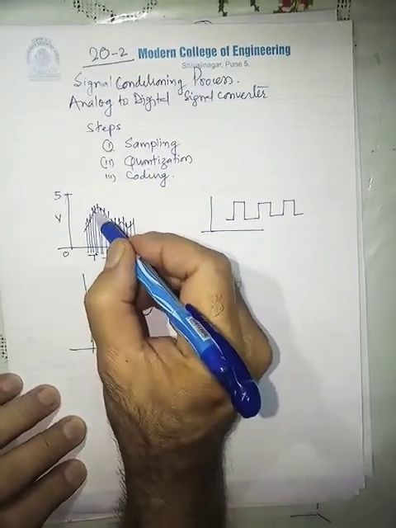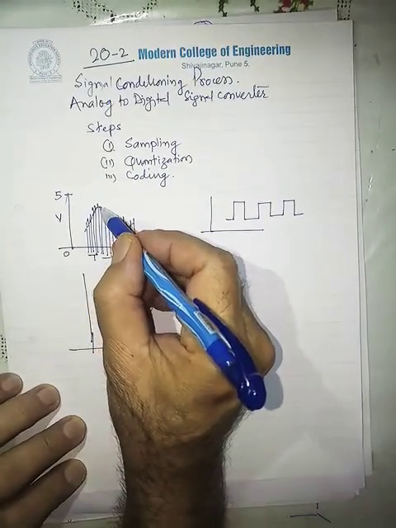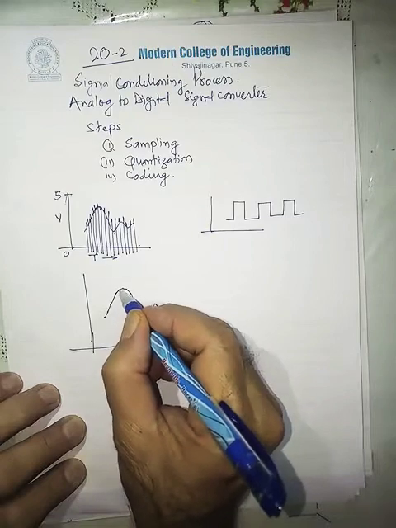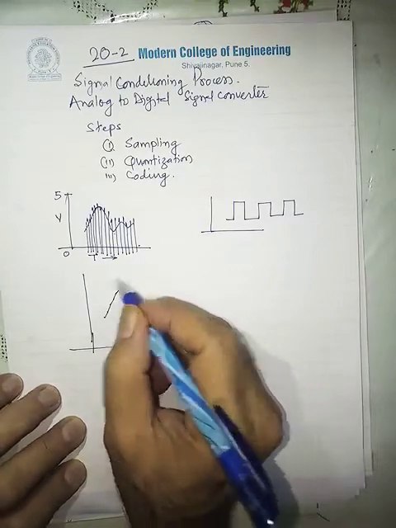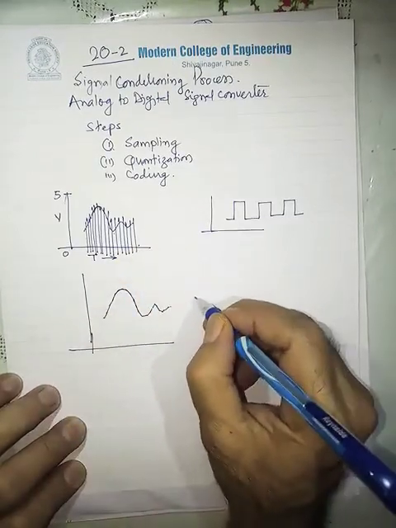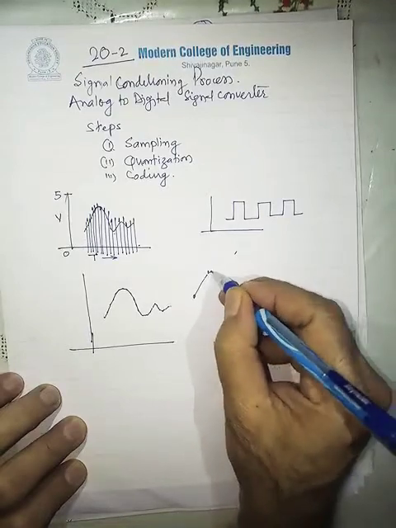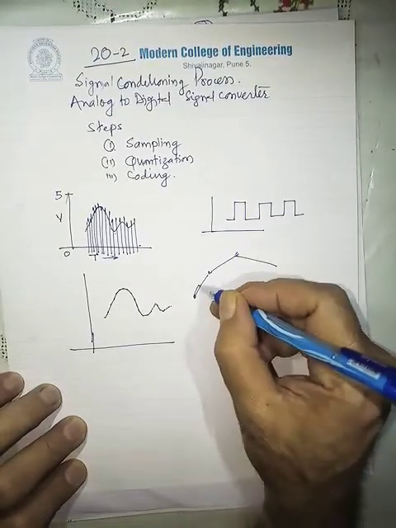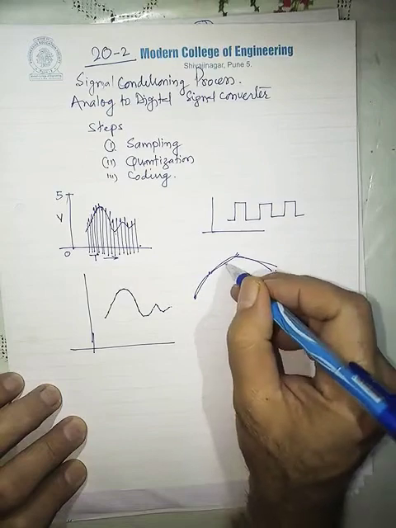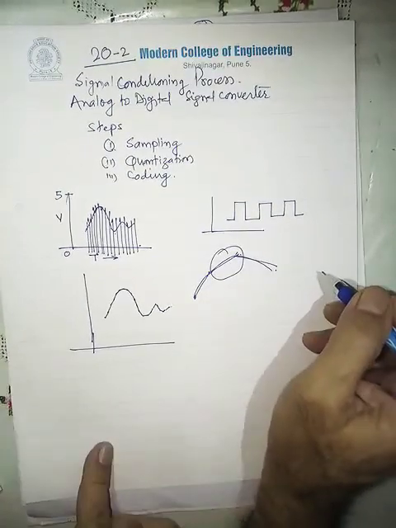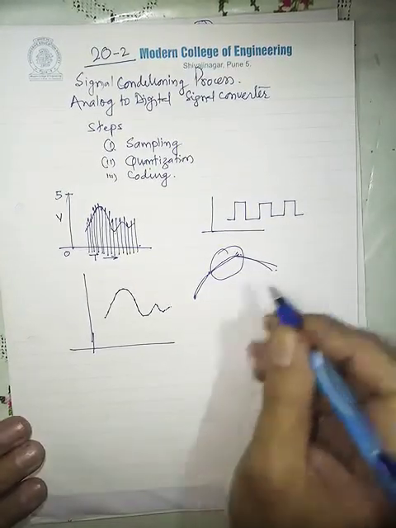Here, a smooth curve is there. Here, point to point connection is there. If I exaggerate or enlarge this, you have a graph like this and not like this. So there is some difference between the original and the recorded waveform.